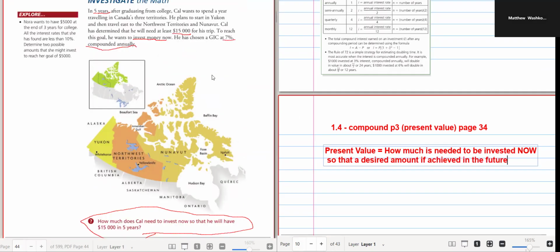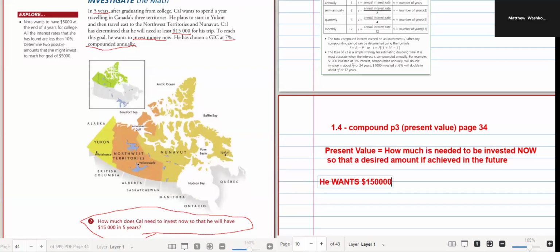In this case, he wants $15,000 in 3 years. He has a 7% interest rate, compounded annually.